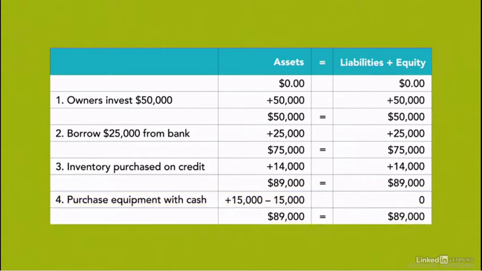Finally, after the 4th transaction, where we purchased equipment paying cash, in other words, we traded one asset for another, our accounting equation still balances. Assets equal $89,000, liabilities equal $39,000, and owner's equity equals $50,000.